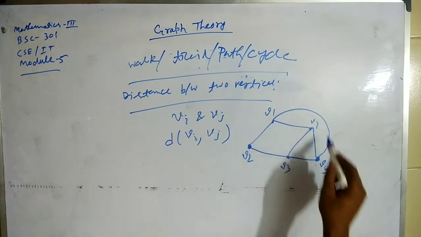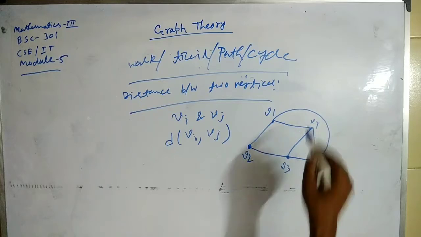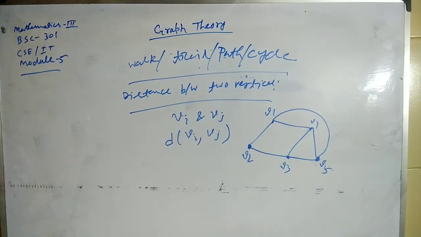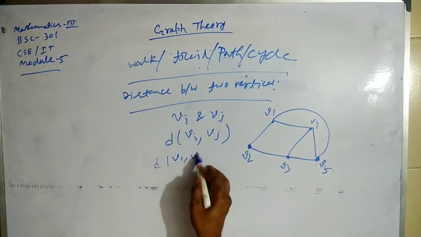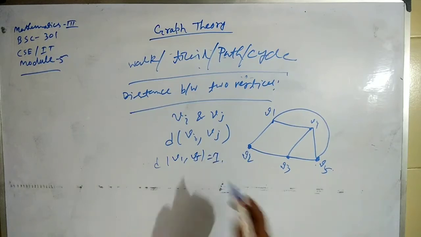If you take the direct path, there is only one edge, so the length will be 1. So if you calculate all the lengths of the paths, the distance will be the shortest length. The length of the shortest path is called the distance. Here the distance between V1 and V5 is 1 because this is the shortest path from V1 to V5.